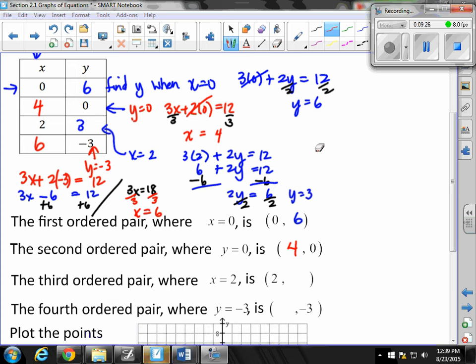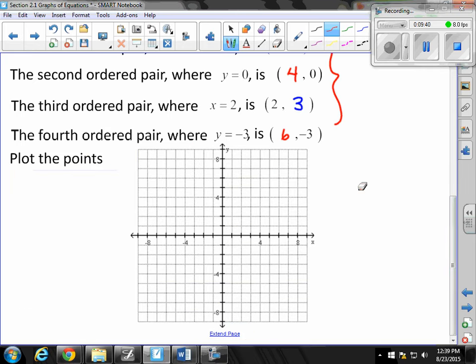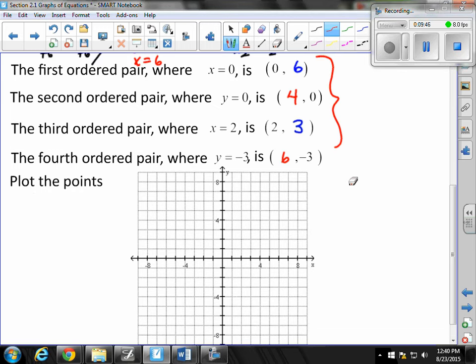Our third point or ordered pair was 2, 3, and the fourth one was 6, negative 3. So all we're doing here is rewriting what we had in the chart as ordered pairs or points. And the last step is we're going to plot all 4 of those points.